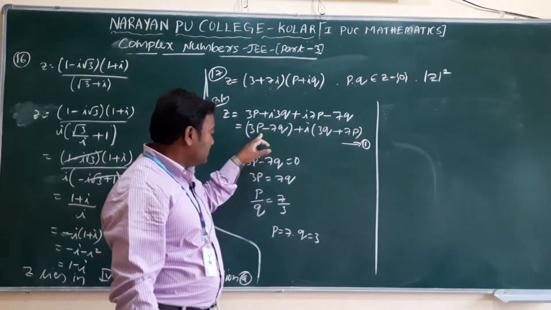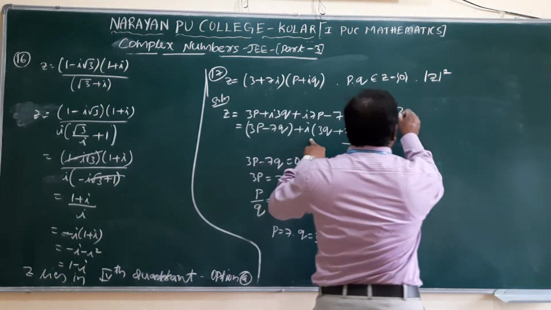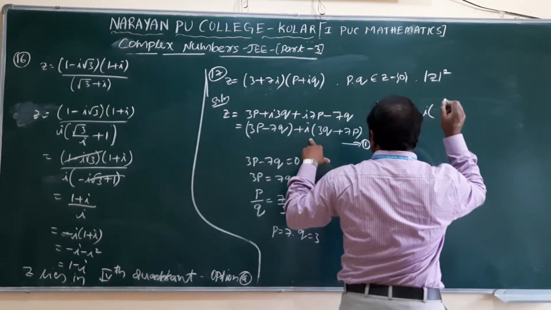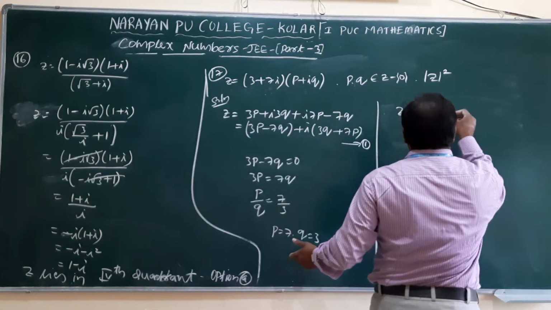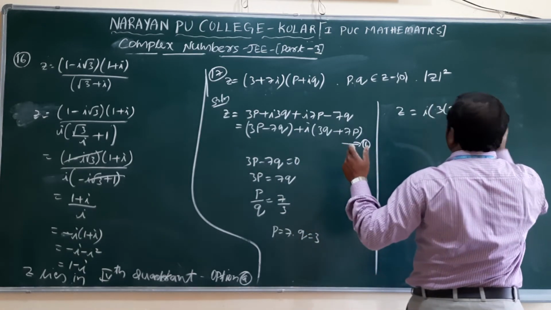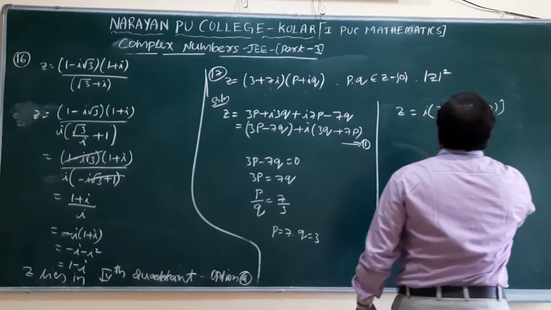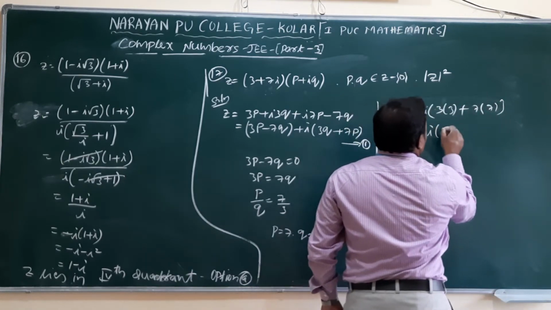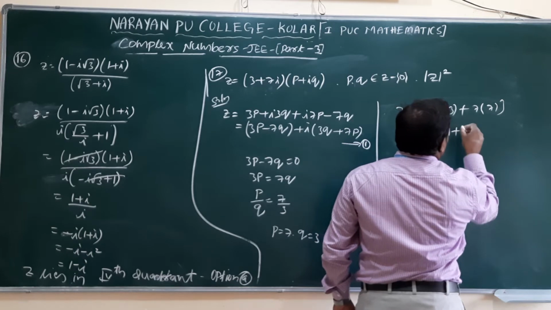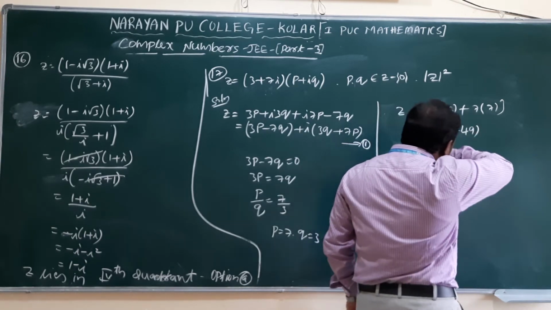The real part value we are getting is 0. So remaining, Z is equal to i into (3 times q value 3, plus 7 into p value 7). We are getting i into (9 plus 49), so i into 58.